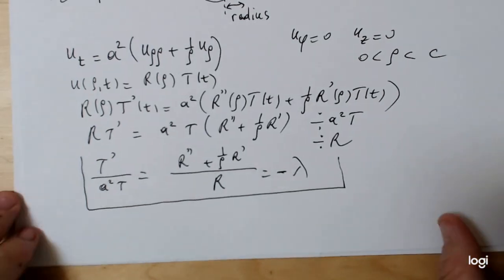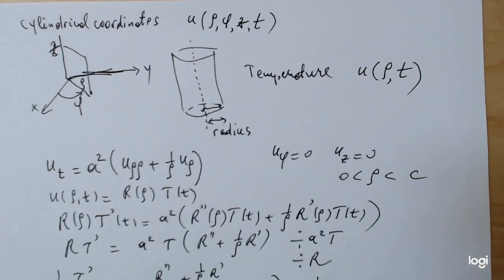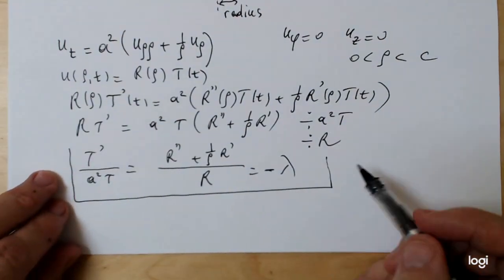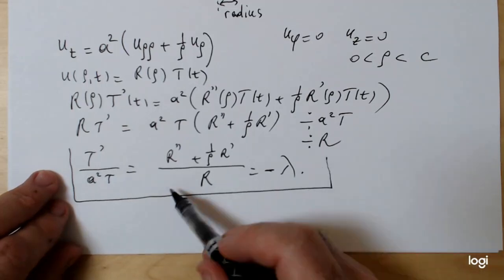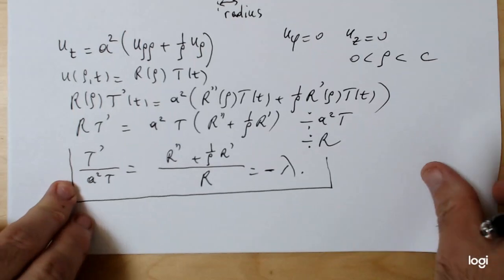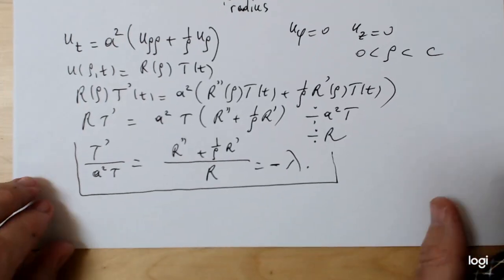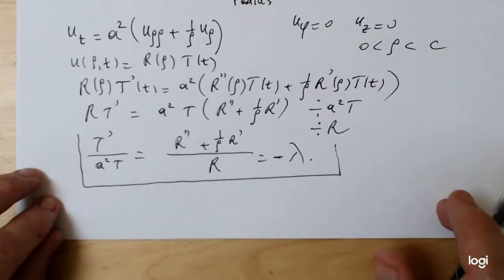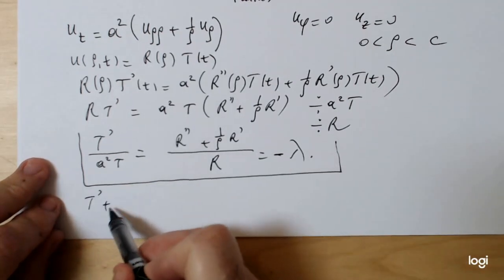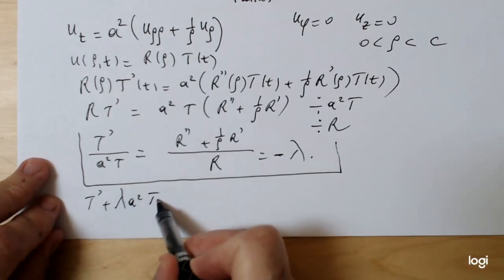And on the next page, let's write down the two equations side by side. So notice here, I'm going to multiply by R and move everything to the left side. So let's actually do it here on the same page. So the equation in t is going to be T prime plus lambda a squared T equals 0.